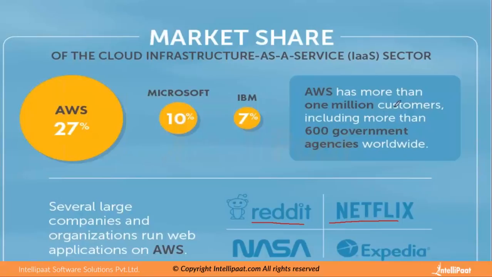AWS has more than, I would say, 10 million customers now, including more than 600 government federal agencies like FBI, CIA, NASA, White House, and many other government agencies. So this is one feature of AWS.